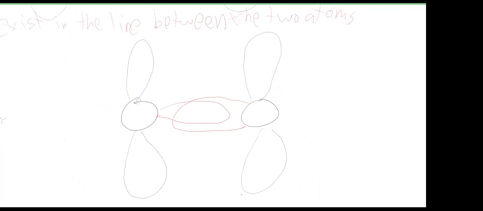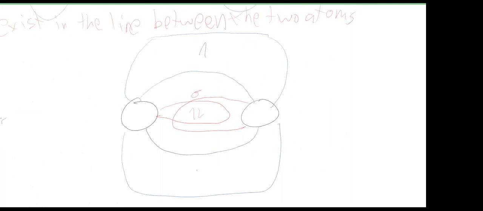All right, so let's look at something like this. This one in red, that's our sigma bond, because it exists right between the atoms. These blue ones are going to become our pi bond, right? You see how these are pointing in the same direction? When they form that bond, this area starts to blend together, and we get something that looks like this.